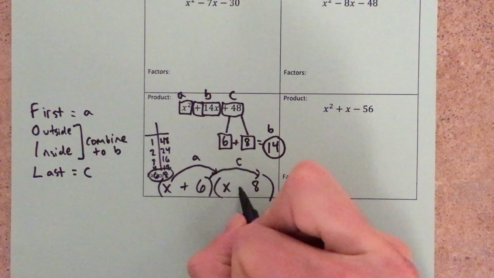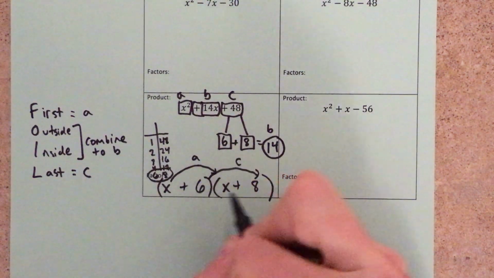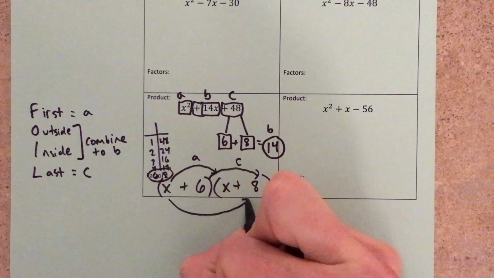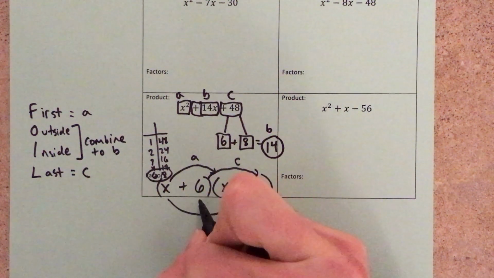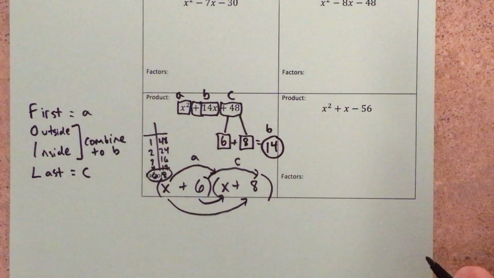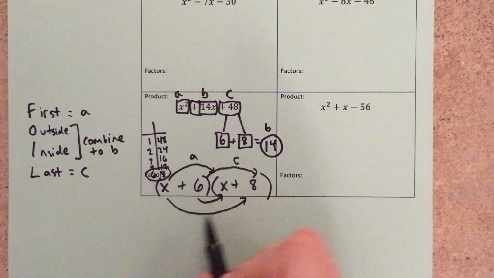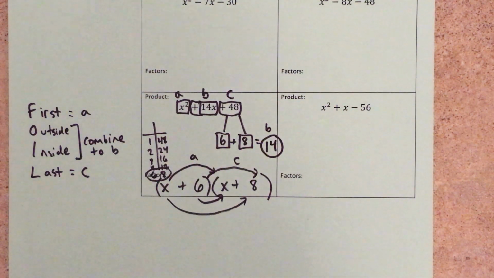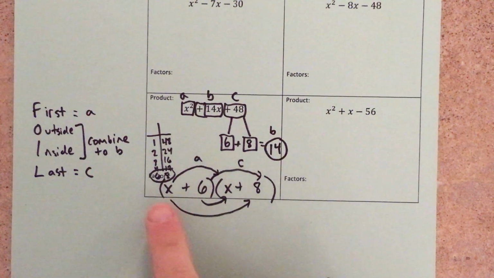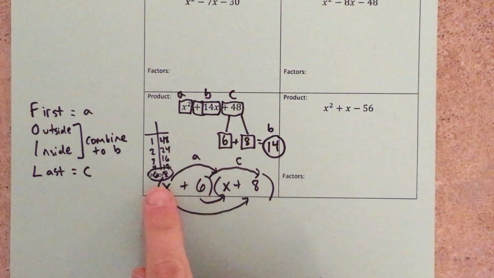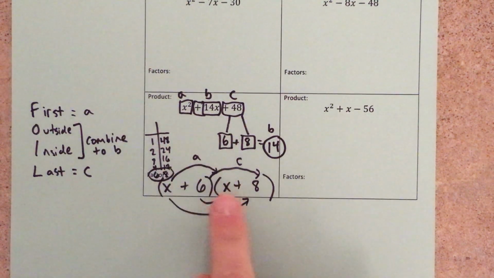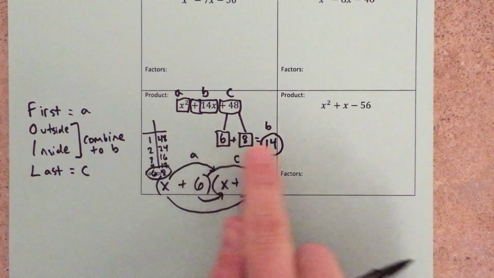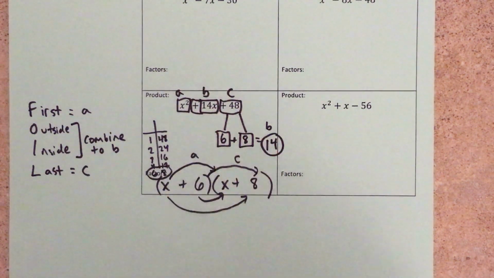They're both positive, so I write adding. x times 8 is my outside, 8x, and 6 times x is 6x. 8x plus 6x make the 14x. These are actually pretty easy to check if you know how to read it. x times x makes x squared. 6 times 8 makes 48. When I add those two together, they make the 14x.